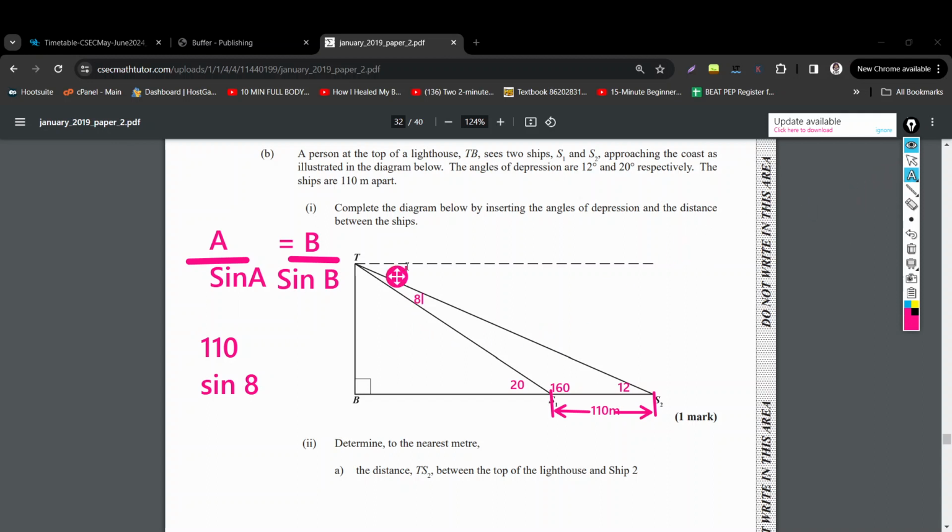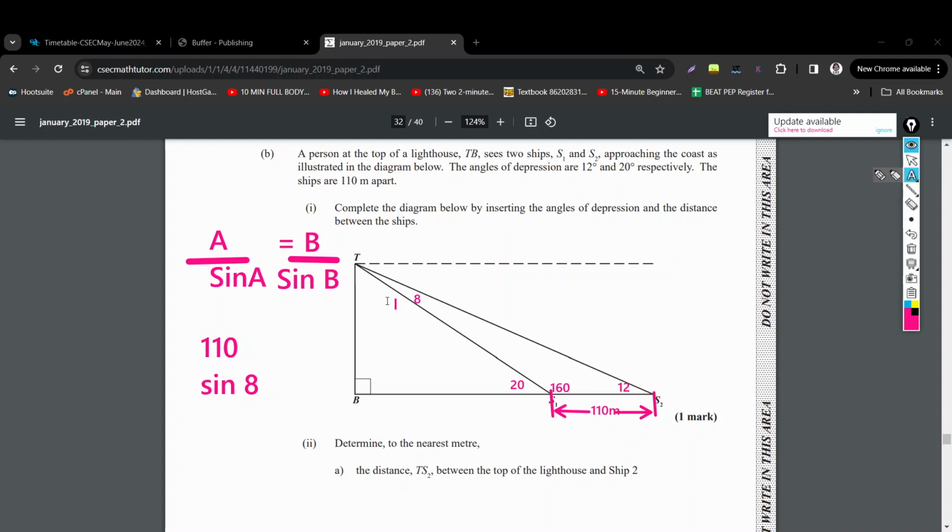So 110 over sine A is equal to the side we're trying to find, the hypotenuse. We need to find the hypotenuse, guys.